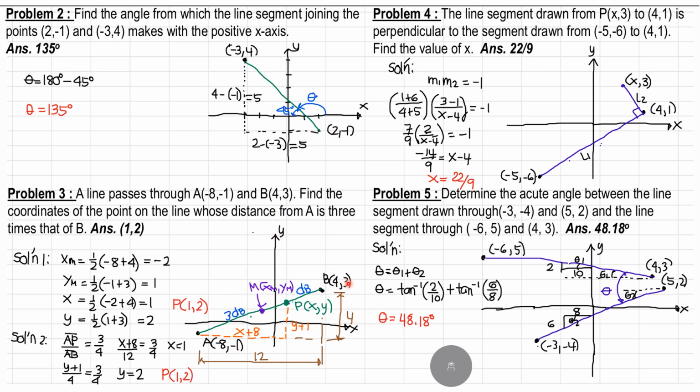Find the coordinates of the point on the line whose distance from point A is 3 times that from B. So this is the point such that the distance of this point from point A is 3 times its distance from point B. If we call the distance of this point P to be d sub B, then the distance of point P from A is 3 times d sub B. So again, it's like we divide the line segment into 4 parts. This is 3 parts, and that's 1 part.